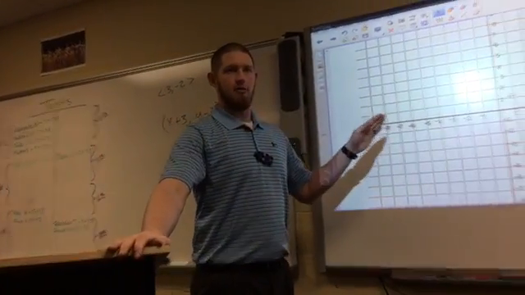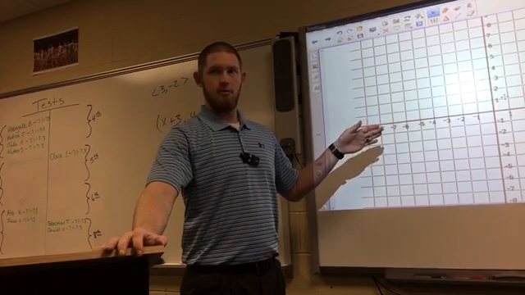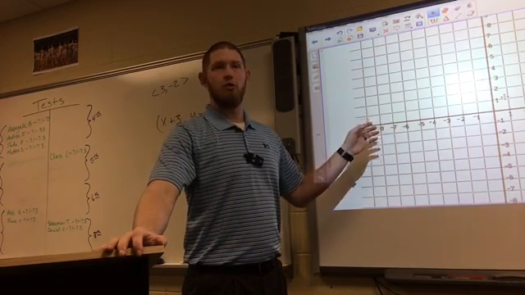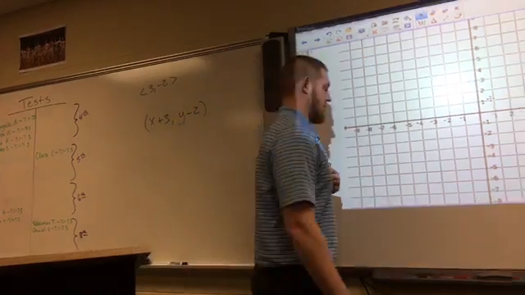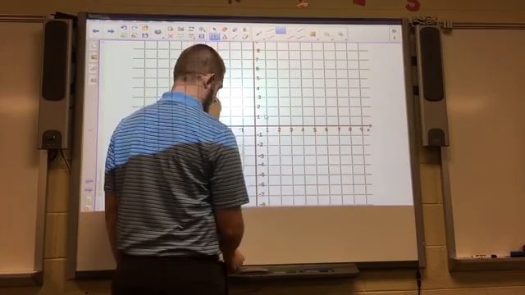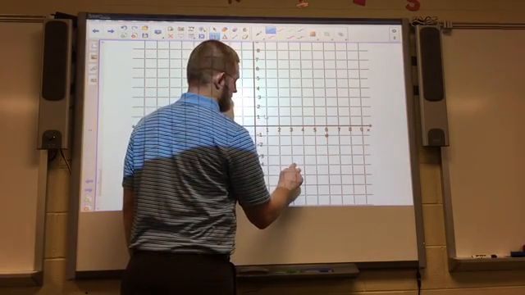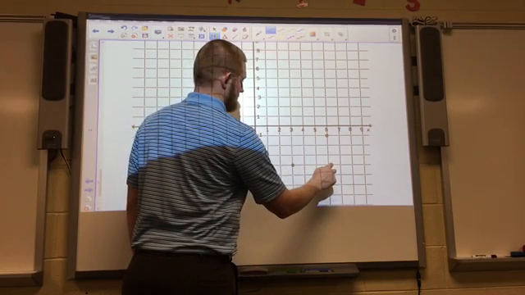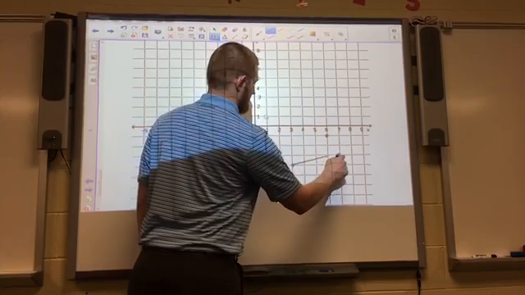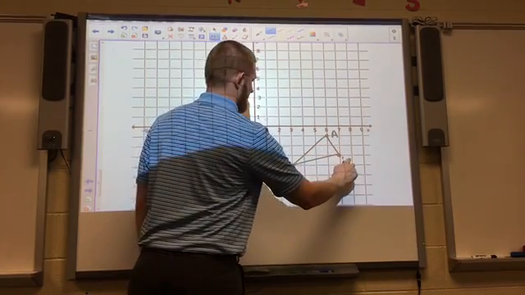Are our rules going to be the same if I'm rotating around a point that's not the origin? No. Now, I will tell you, they will be once we change some things. So let's say that we have a triangle here, triangle ABC.